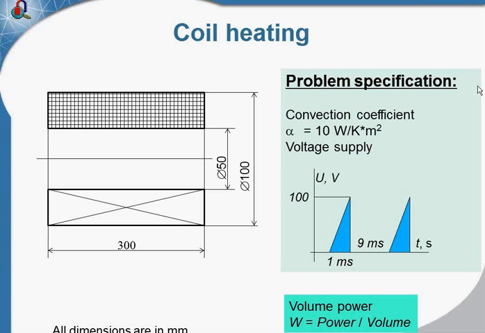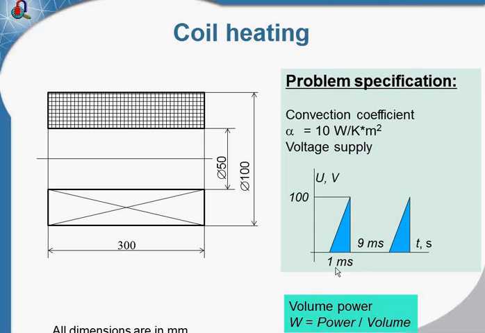Next case is the simulation of the coil heating caused by the pulsed current. And this is the multi-turn coil that is connected to the voltage source. The voltage source has the form of the periodic saw function.